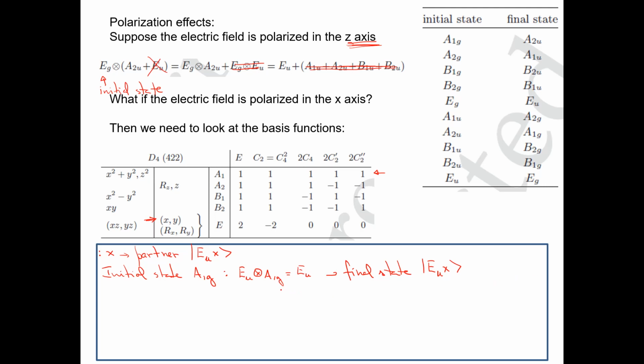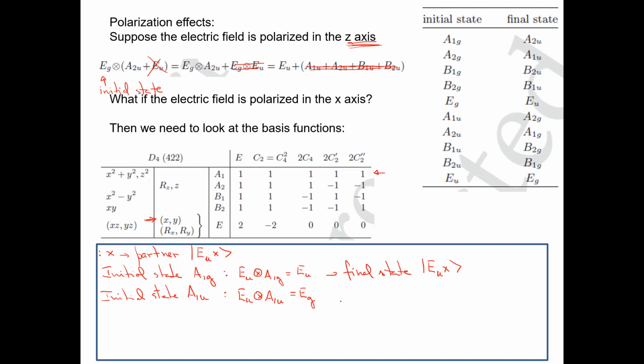Let's see now if the initial state is A1u. In this case, I have to make the direct product between Eu and A1u, and the result is Eg.